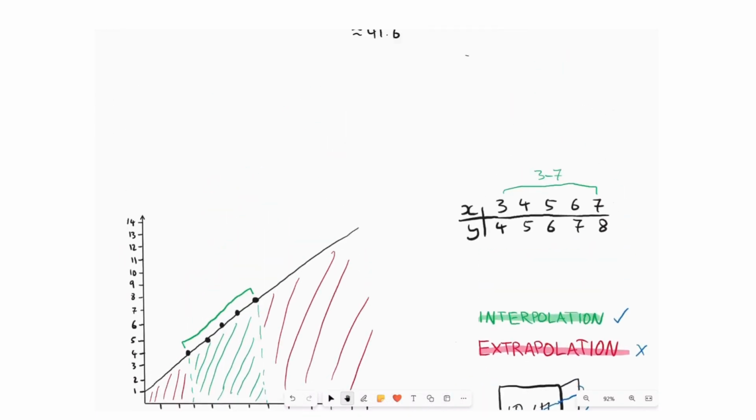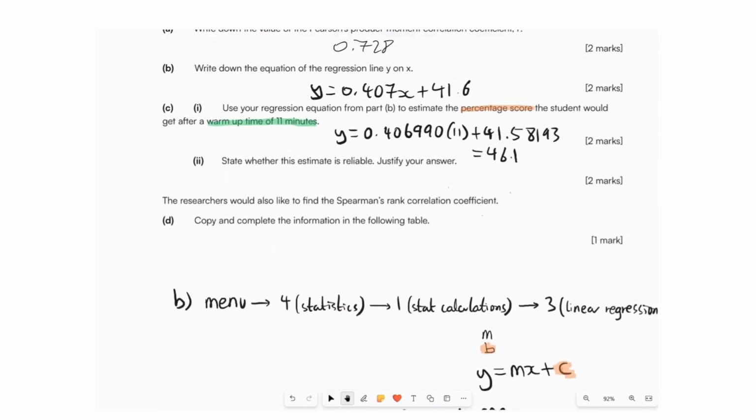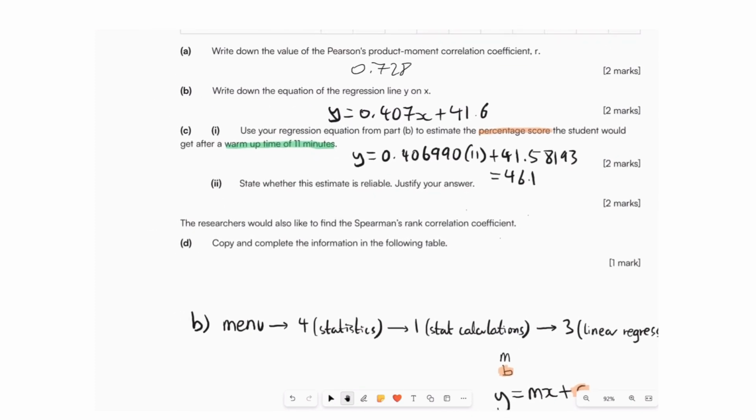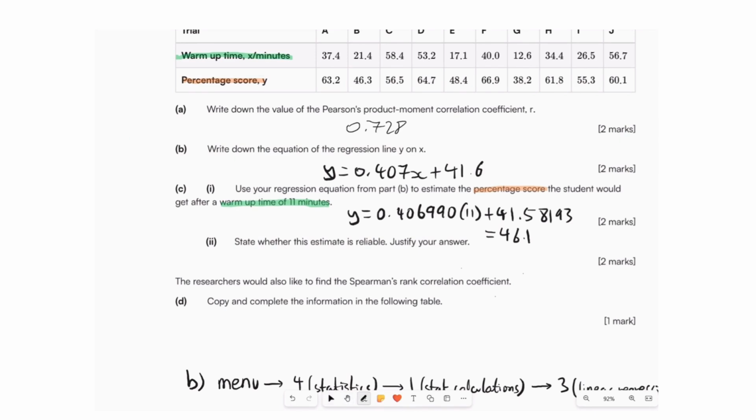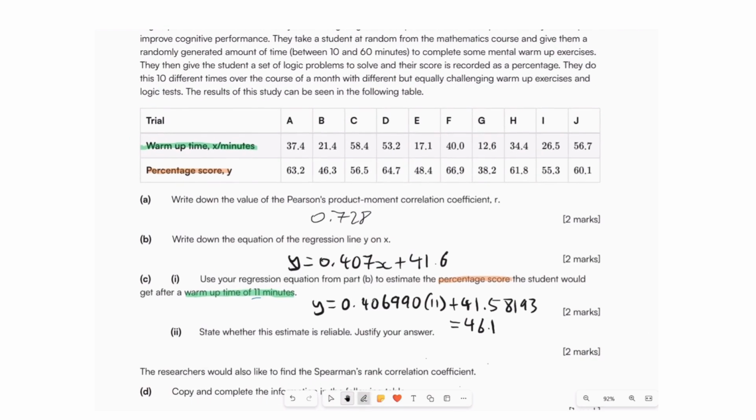Now, if we go up to the question, it says, state whether this estimate is reliable. So we used x is equal to 11. If we look up here at our x values, our maximum x value is 58.4 and our minimum x value is 12.6.